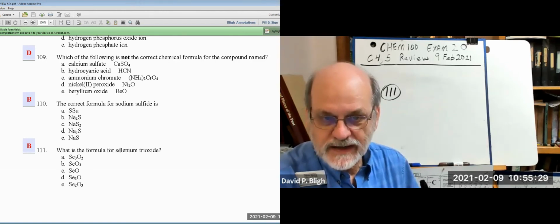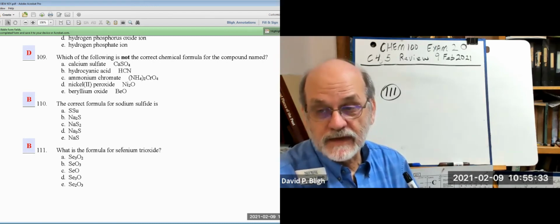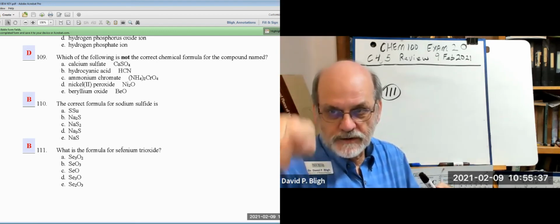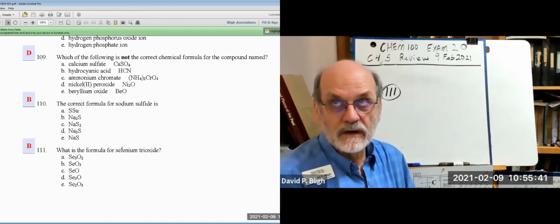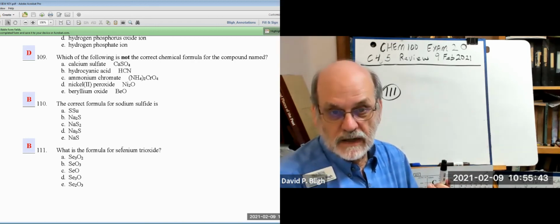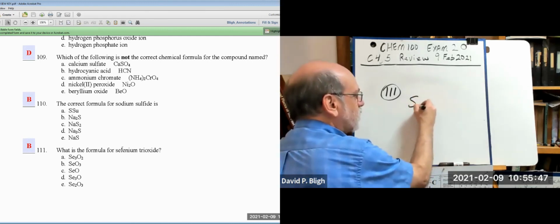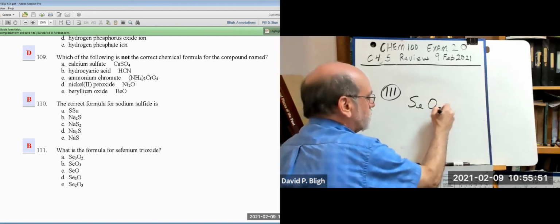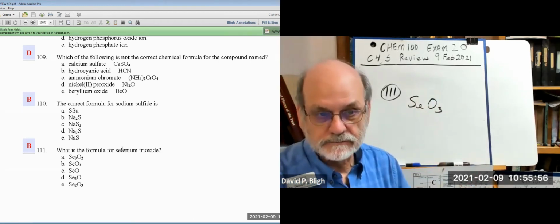So you look and say, yeah, selenium is in the chalcogen family, like oxygen, sulfur, selenium. It's a non-metal. So selenium trioxide, you just need the symbol for selenium, and you have to put 3 oxygens with it. And that's it. You're done.